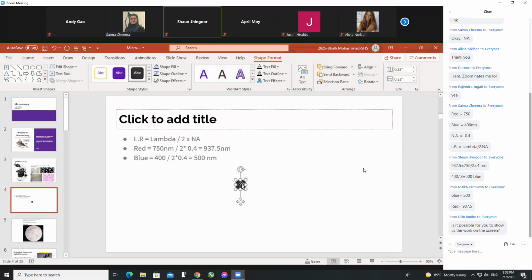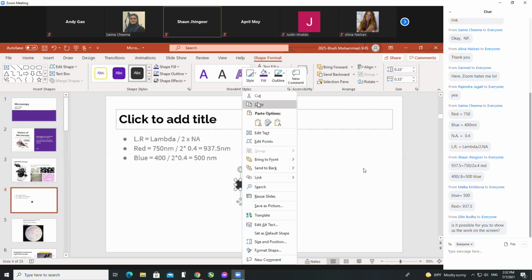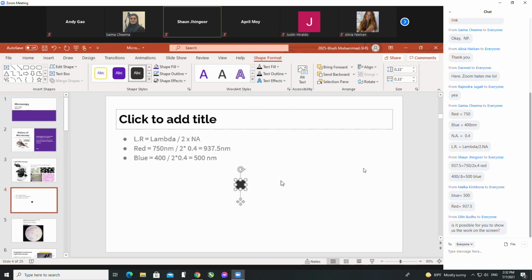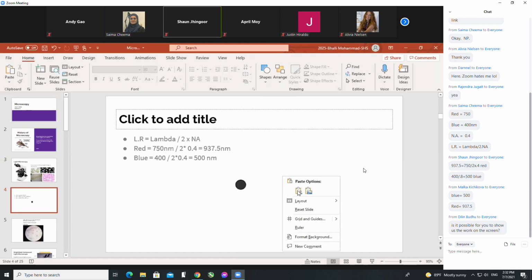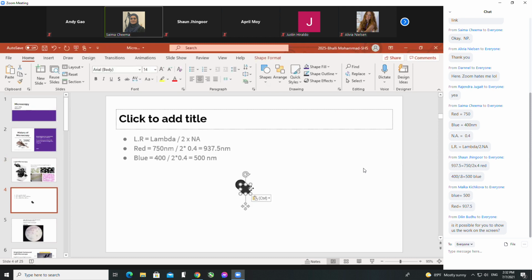Okay, so what it's basically saying to you is that if you were using blue light, 2 points would have to be 500 nanometers apart. That's the smallest distance for them to be apart so that you can see them as 2 individual points.